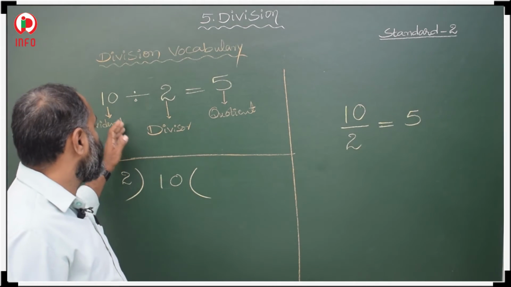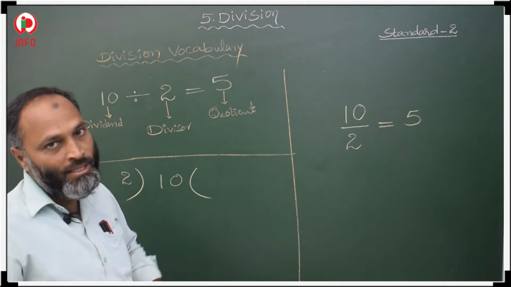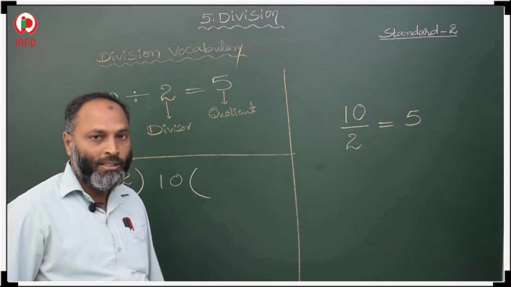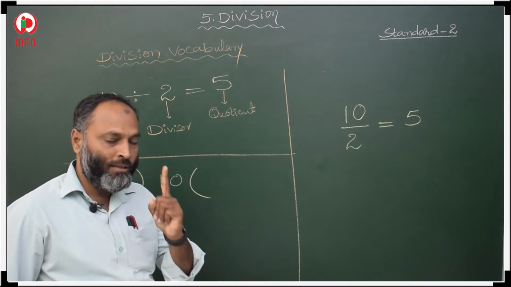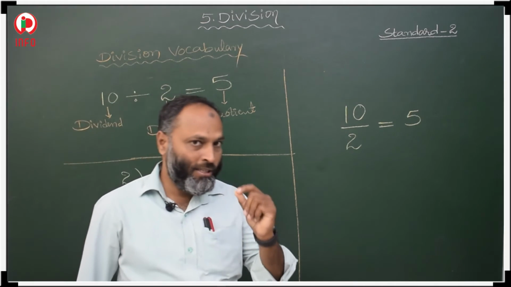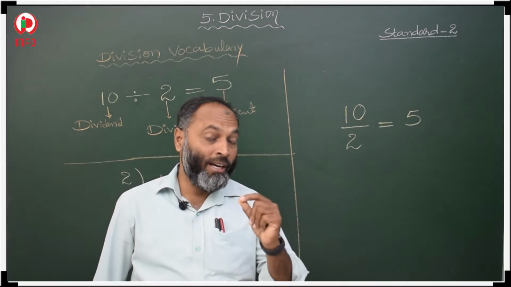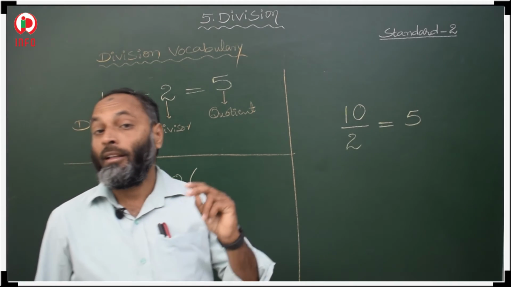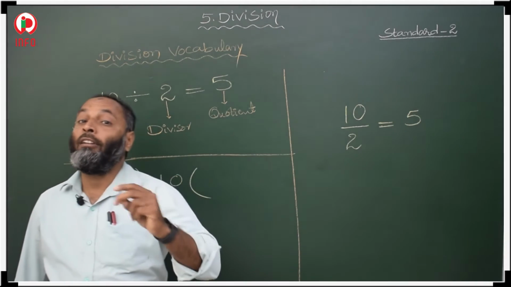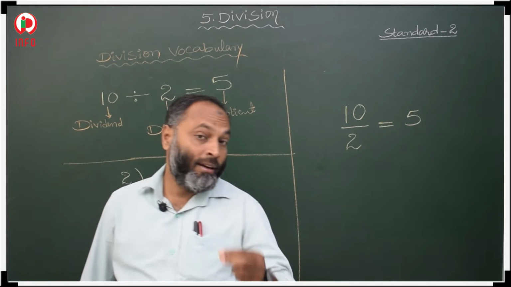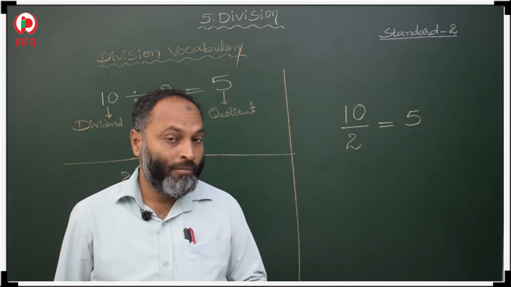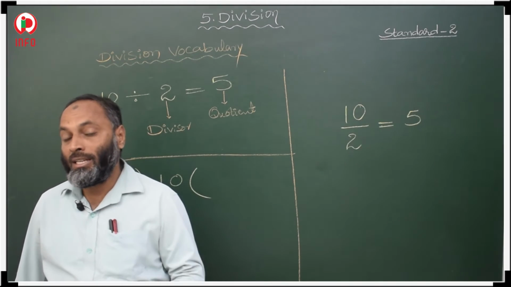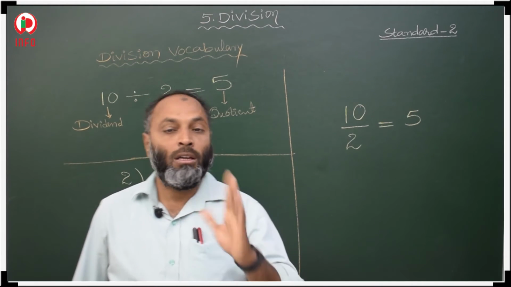The number which is going to be divided by the divisor is called dividend. The answer is called quotient. So, 3 terms. One is divisor, the number which is going to divide, here 2 is dividing. So, 2 is called divisor, and dividend, the number which is going to be divided by the divisor, is called dividend. The answer after dividing, whatever answer we get, is called your quotient.